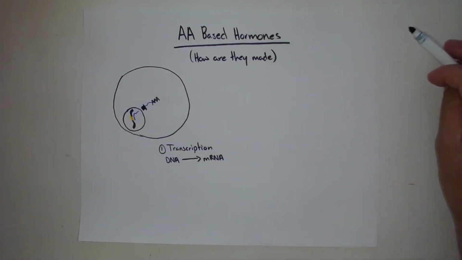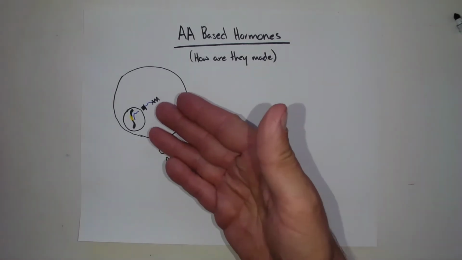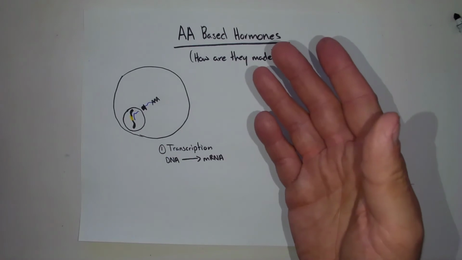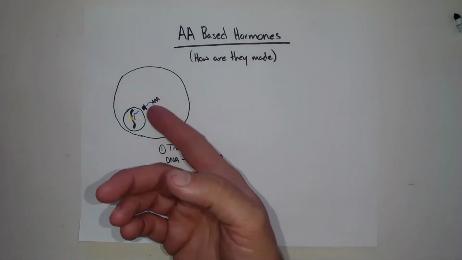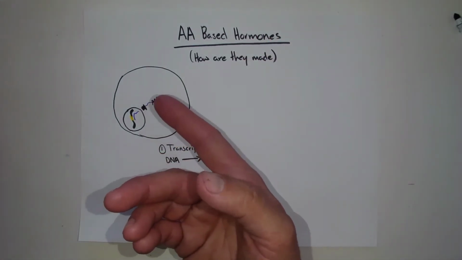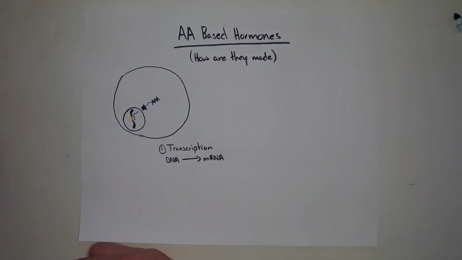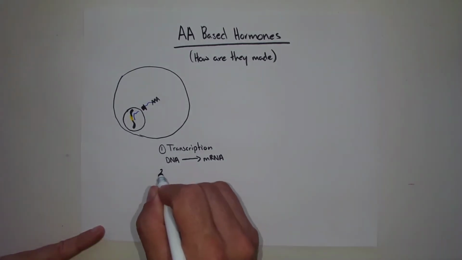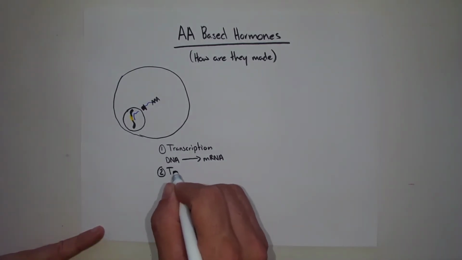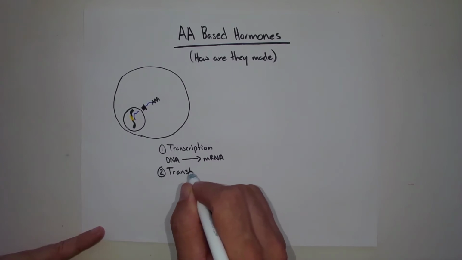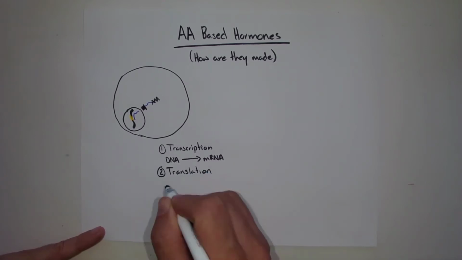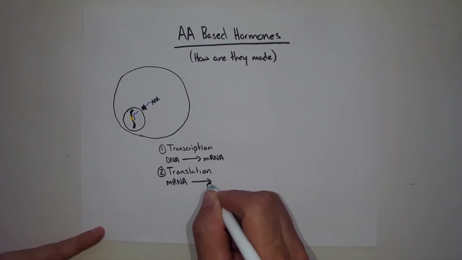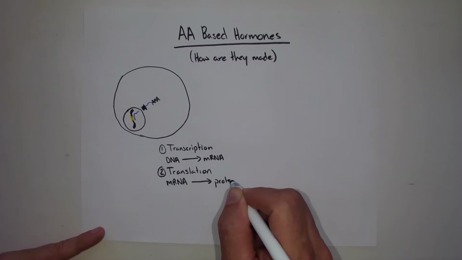We don't want to be making this amino acid-based hormone all day long. We want to make whatever we need and then stop the translation of that messenger RNA into its protein.